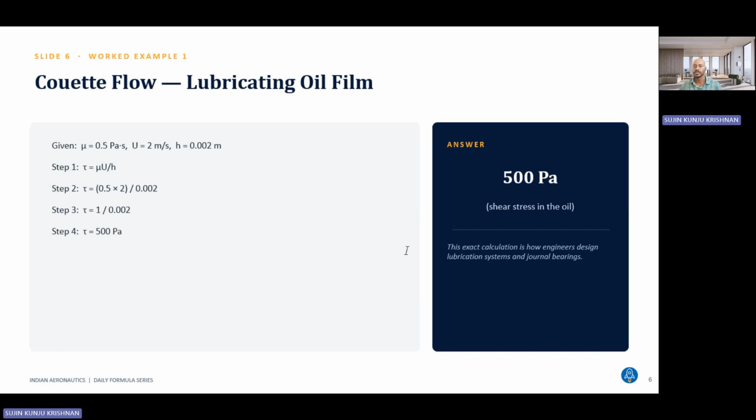Step four, calculate: 0.5 times 2 is 1, and dividing by 0.002, you get 500 pascals. So the viscous shear stress in that thin oil film is 500 pascals. This is exactly the kind of calculation engineers do when designing lubrication systems and bearings.